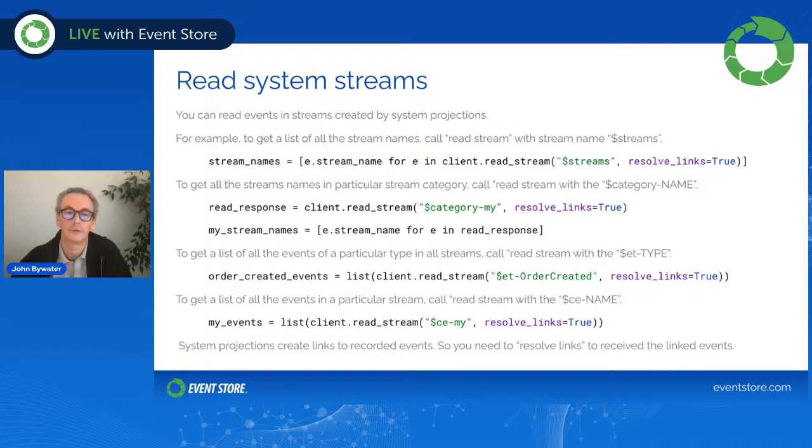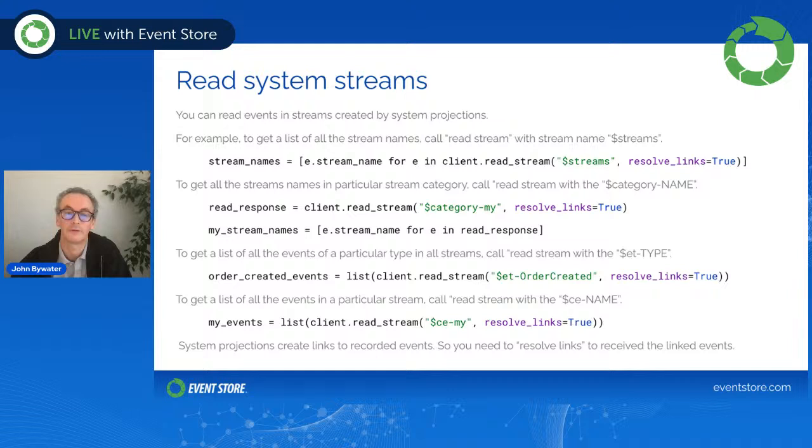We can get all of the stream names in a particular category, which picks off the prefix. So say you've got different streams like order 5, order 6, order 7. If you do like category -order, then you'll get all of the stream names in that category. So the first example here gives you all the streams. The second one gives you all the streams in the category.